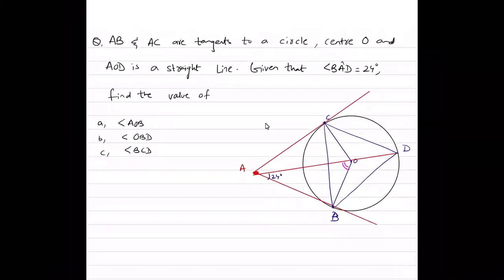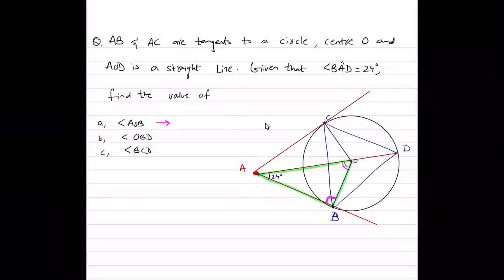What is the first step that comes to your mind? Can you recall a property that said that tangents from an external point are equal in length, and hence the angle is also going to be bisected? The tangent and the radius are always going to make an angle of 90 degrees. So if you consider this triangle OAB, you already know that this angle is 90 degrees.